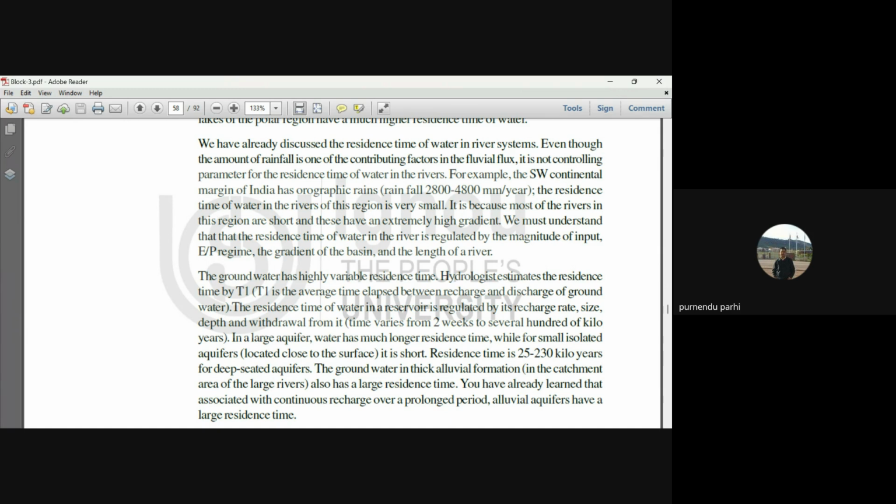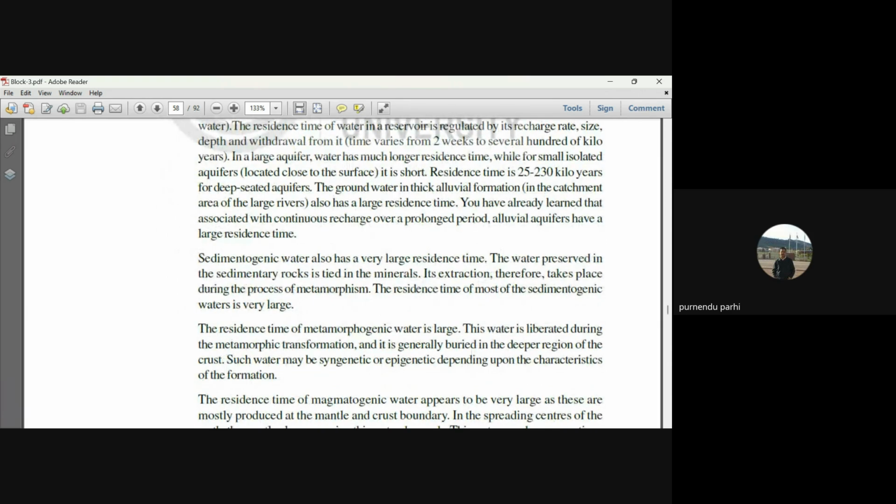The residence time of water in a reservoir is regulated by its recharge rate, size, depth, and withdrawal from it. In larger aquifers, the water has a much longer residence time, while for small isolated aquifers it is short. Residence time is from 25 to 30 kilo years for deep-seated aquifers.